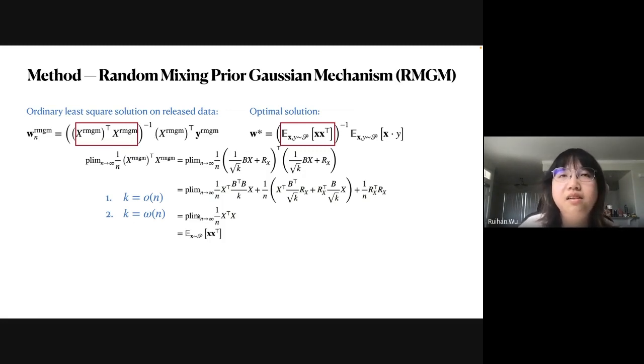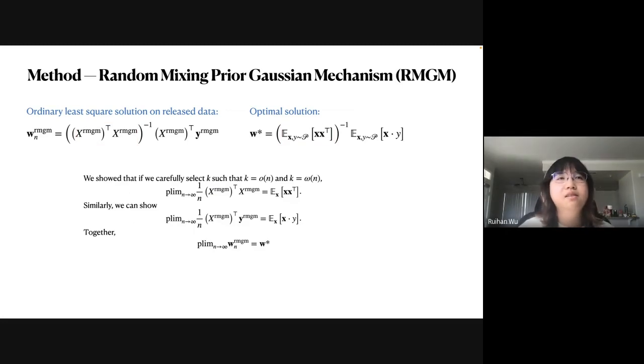Okay, and then this term will further converge to this expectation by the concentration theorem again, because values in X are bounded. So far we showed that if we carefully select K, such that K is not very small and not very large, some midpoint like square root n, then this convergence will hold.